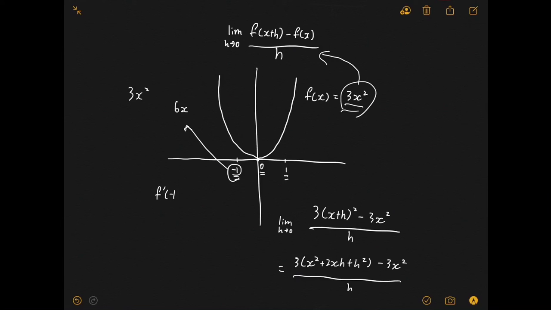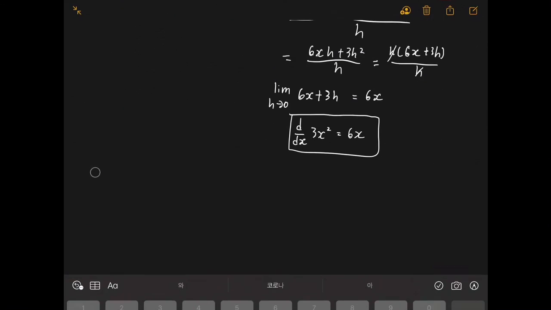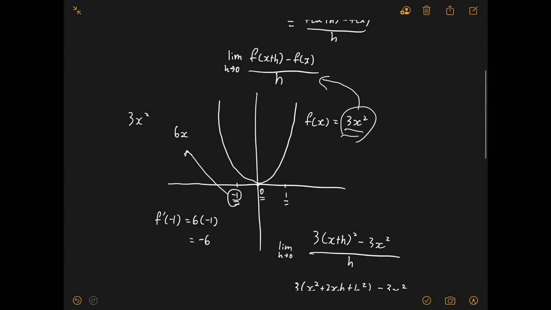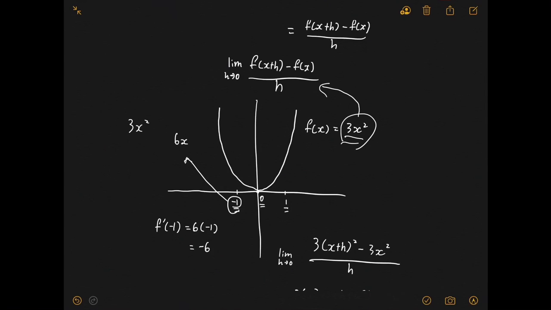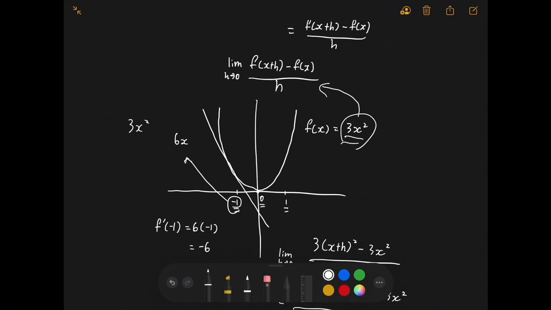F prime of negative 1 equals 6 times negative 1, which is negative 6. So the instantaneous rate of change, the slope at this point is negative 6. So the slope of this function should be negative 6.